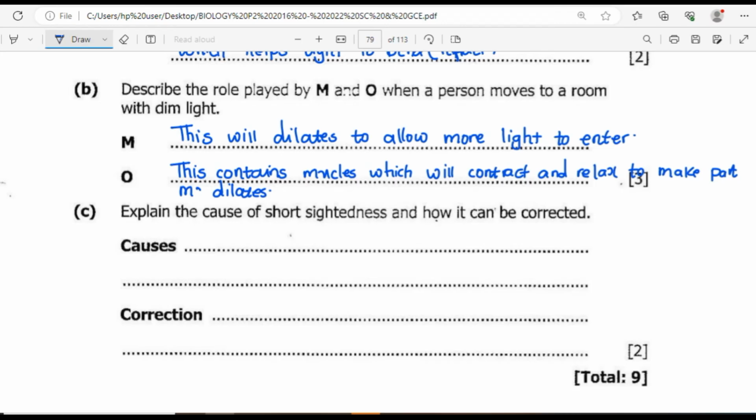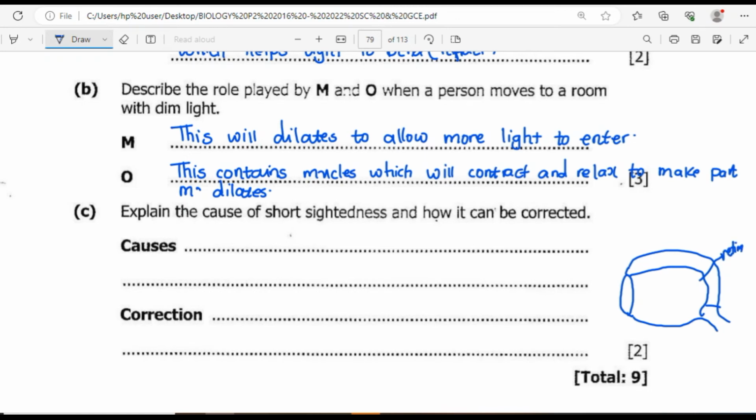Okay, then explain the cause of short-sightedness and how it can be corrected. So let's say we have an eyeball. The most important part in terms of formation of the image is the retina, and it's somewhere here.